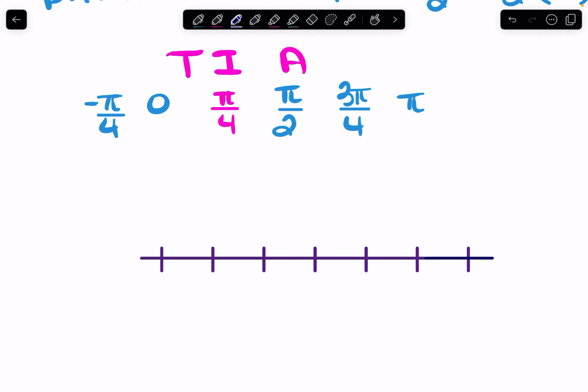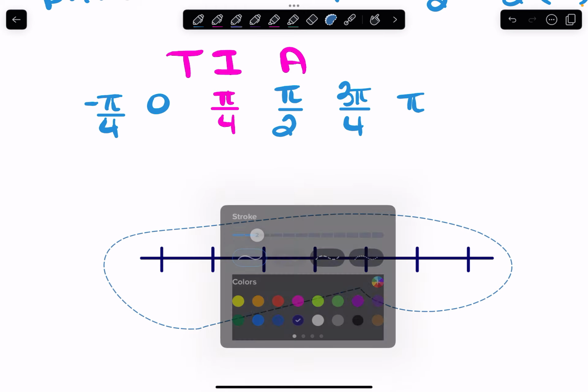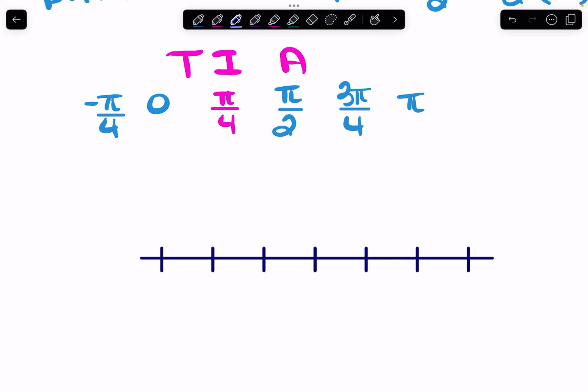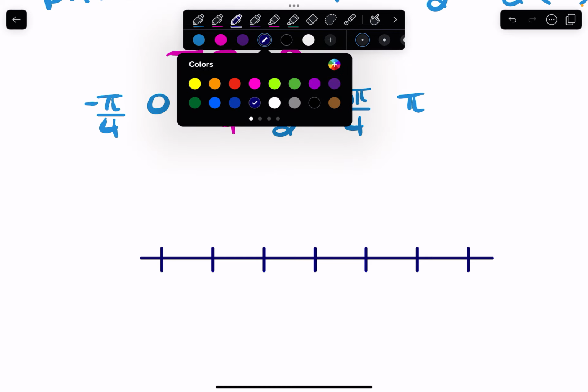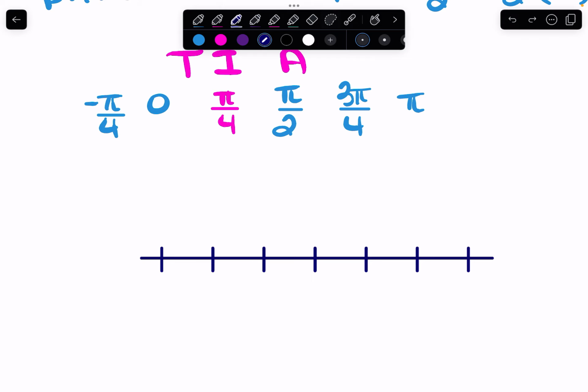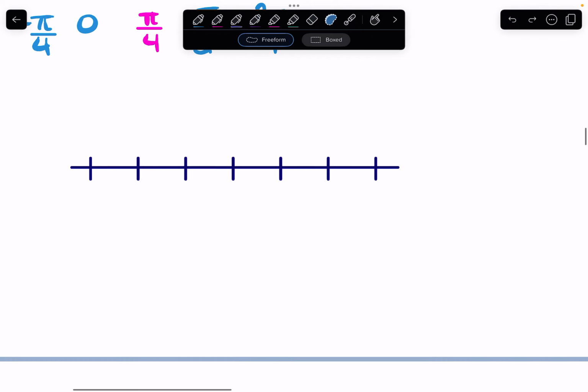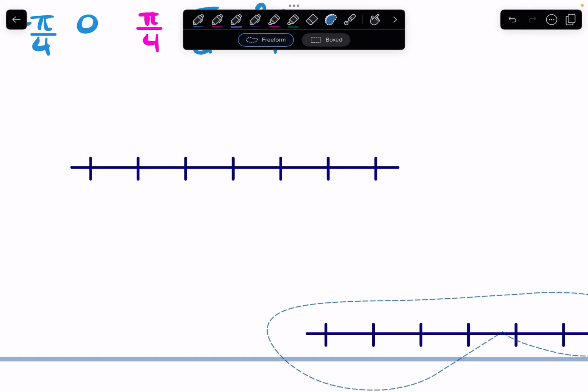Oh, those are different colors. Hang on, that's going to bother me. Style, blue, done. Okay. There's our blue. Too many buttons. Let me copy this and paste it down here. That way I can drag it down for the next graph.